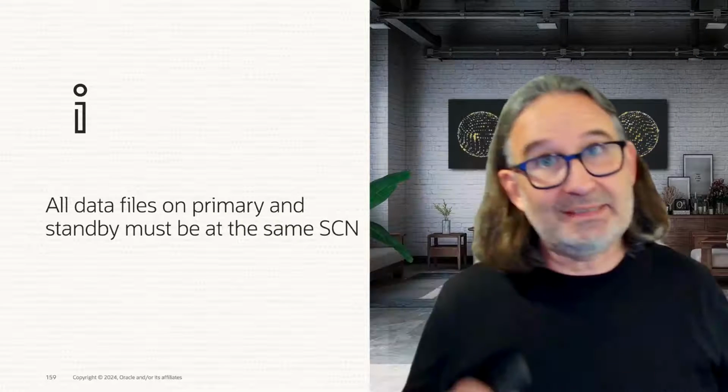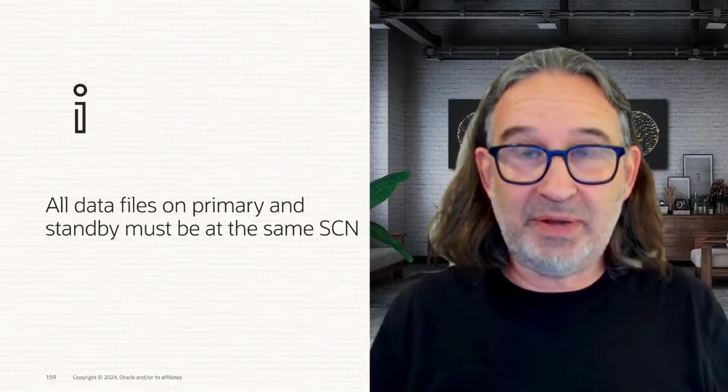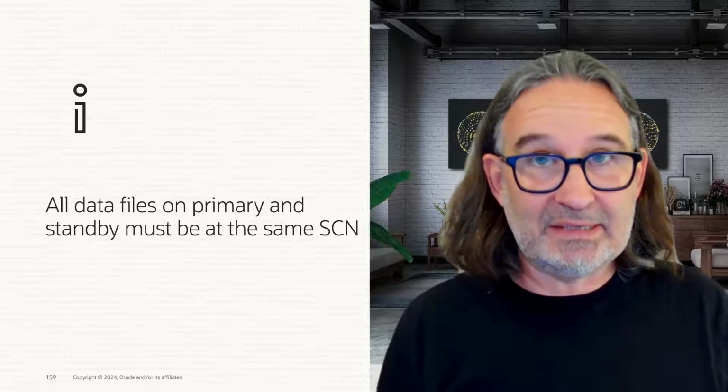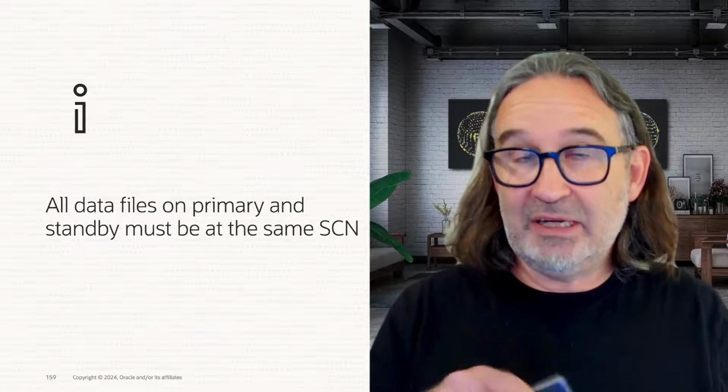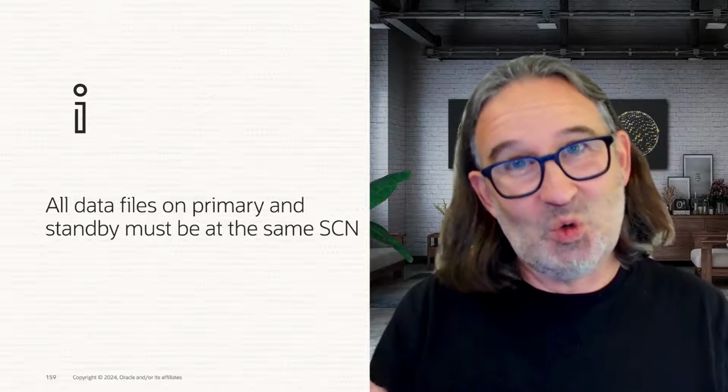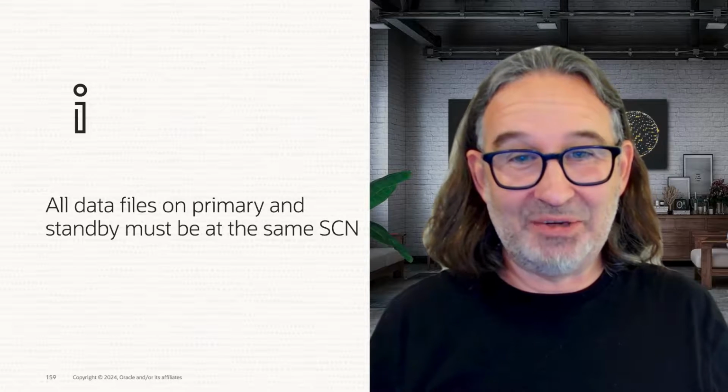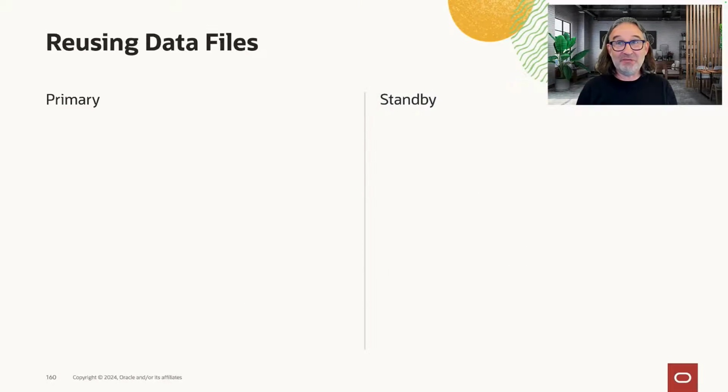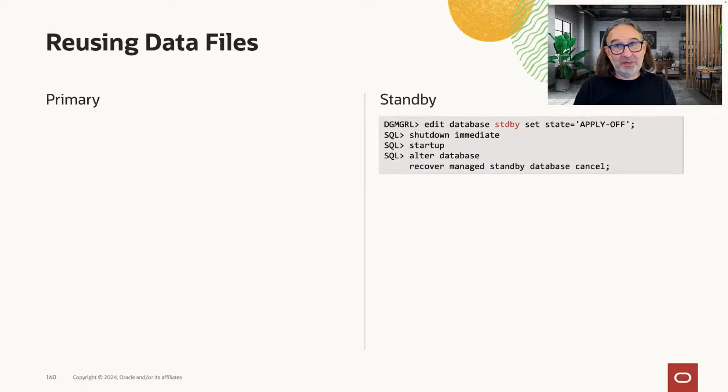That's what I would typically expect, and that should be the norm. But when we do this, there's something we really need to pay attention to, and this is the SCNs. And if you fail here, you will have to do some manual steps afterwards. So be very aware of this part. On the standby, we turn off the apply, then we shut down the standby, we start it up, and then we turn off also, with alter database recover managed standby database cancel, the MRP.